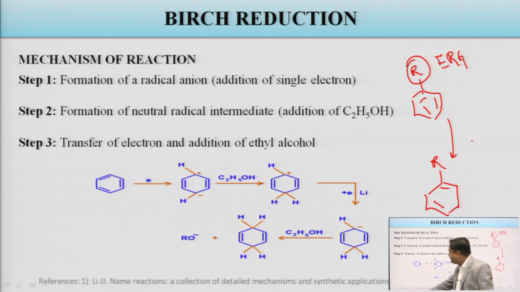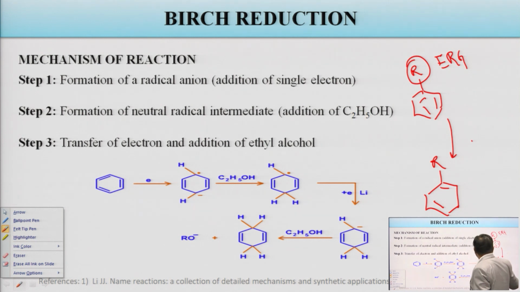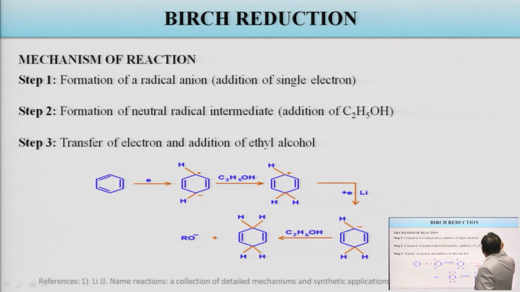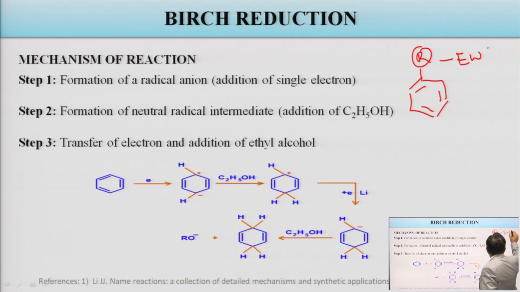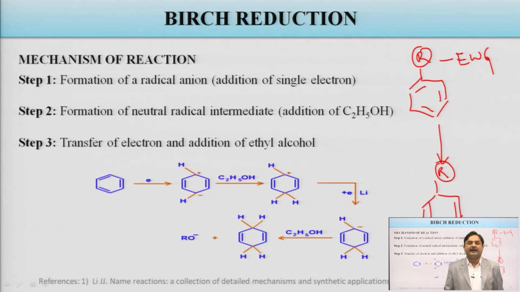For example, in the next case, if the group present on the benzene ring is an electron withdrawing group, then this product will be formed. So, this is the example. You can say that the nature of the substituent on the benzene ring plays a very important role in deciding what the product will be at the end of the Birch reduction. So, this is the important point.